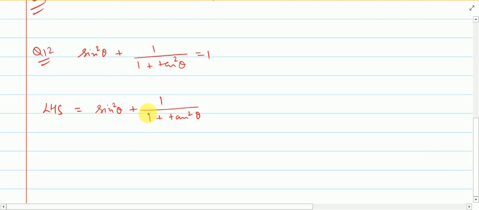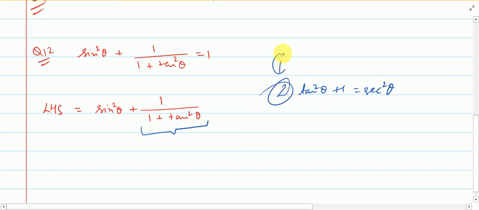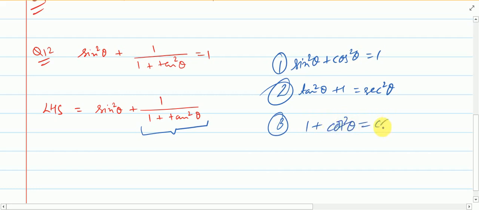Here if you see the denominator, 1 plus tan square theta, try to recall the identity which says tan square theta plus 1 is equal to sec square theta. This was number 2 actually. First one was sin square theta plus cos square theta is equal to 1, and third one was 1 plus cot square theta is equal to cosec square theta.